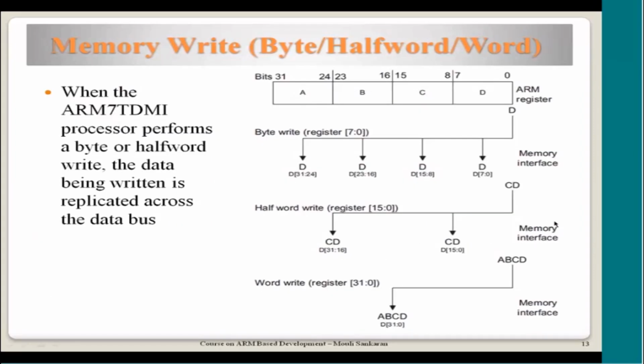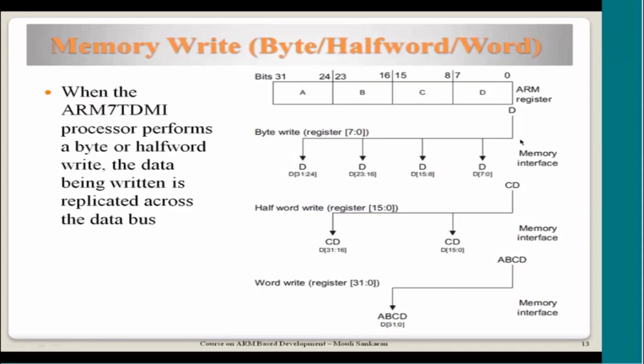Now let us see what happens when a memory write is performed. This shows the LS byte coming to the LSB of the data bus, so this is little endian mode. If it is a word write, the data comes on all the 32 bits of the data bus.